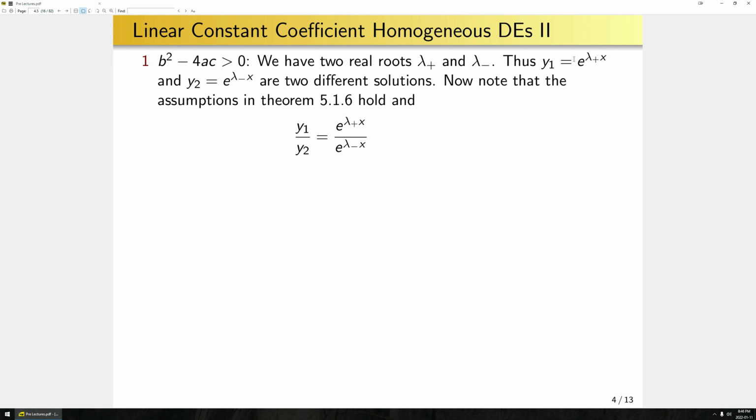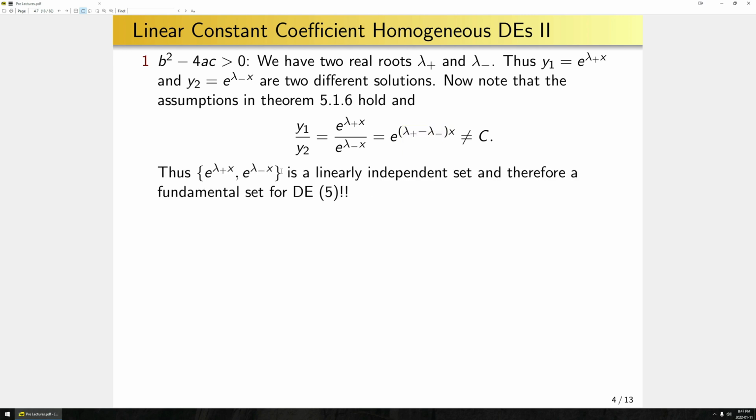That would be explicitly this term over this term, where lambda 1 and lambda 2 are different from each other, and a direct computation gives us that this will simply be a single exponential of this term, where this thing is not equal to zero. That means this thing is not constant, as in it varies with respect to x. From here we can finally conclude that these must be linearly independent. Or rather, that doesn't come from theorem 5.1.6, that comes from the fact that they're non-constant.